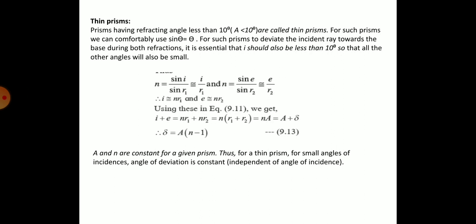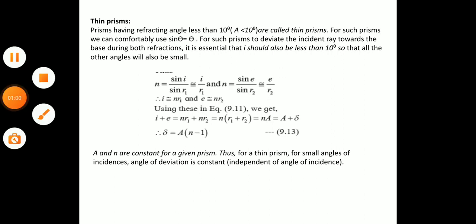for the prism to deviate the incident ray towards the base during both refractions, it is essential that the incident angle I should also be less than 10 degrees, so that all the other angles will also be small.